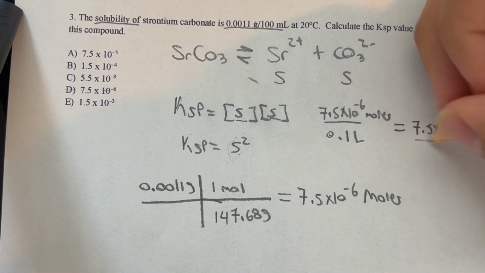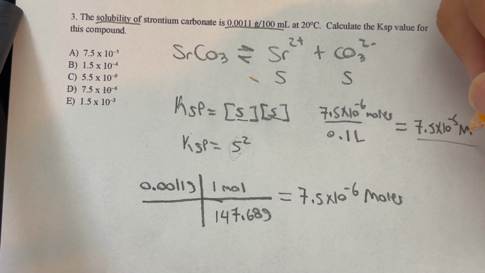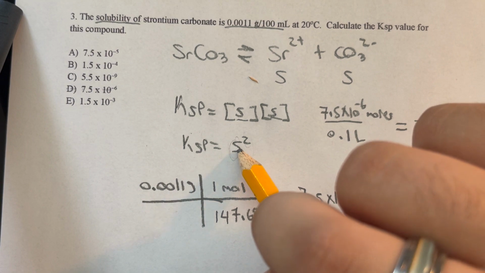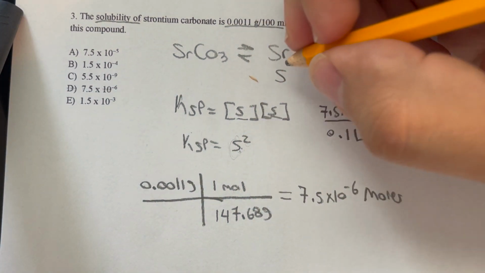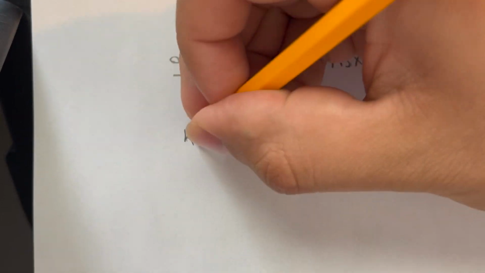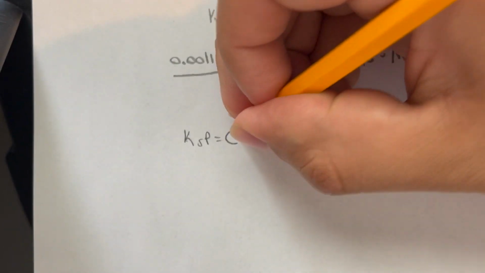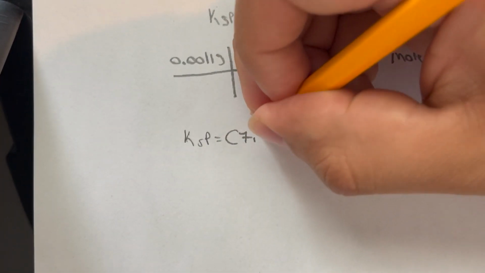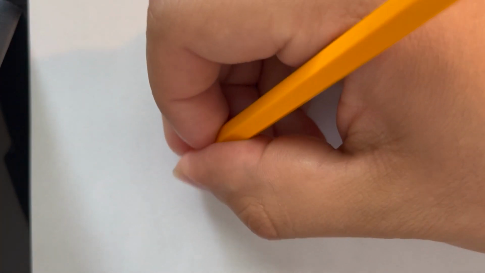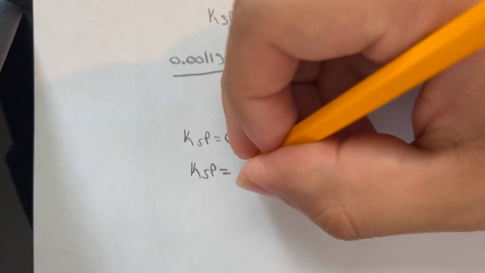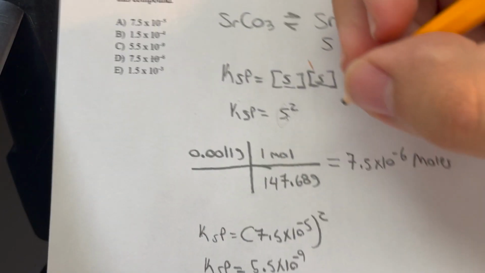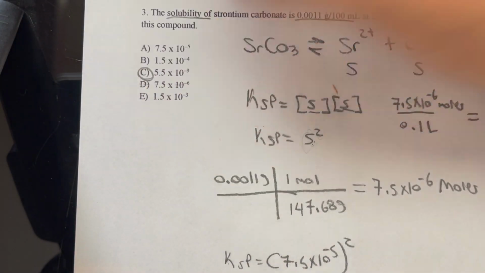So we have this value. However, we have to put it back into this because the KSP is equal to S squared. So then KSP would be equal to 7.5 times 10 to the negative 5 squared. If we plug that into our calculator, we'll get 5.5 times 10 to the negative 9, which is C.